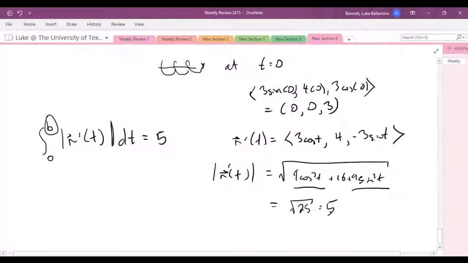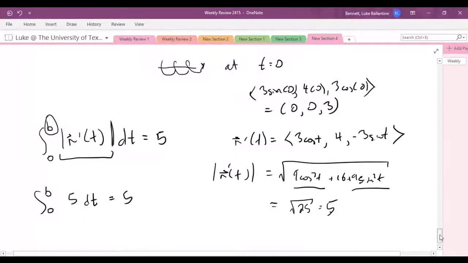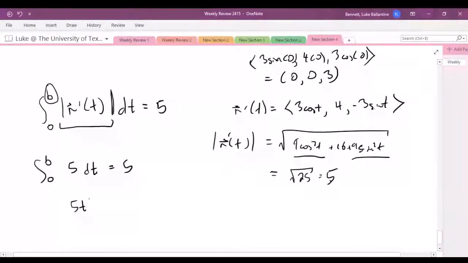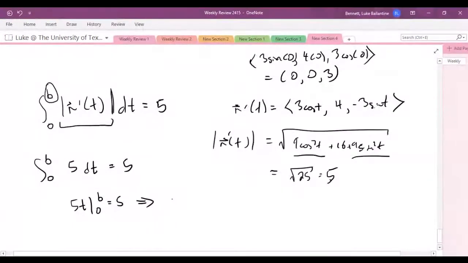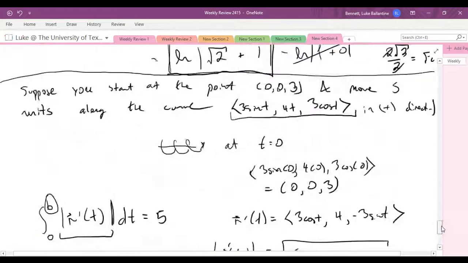That's what my integrand is. So we have the integral from 0 to b of 5 dt equals 5. This is going to be 5t evaluated from 0 to b equals 5. We have 5b minus 5 times 0, which is just 0, equal to 5. Divide by 5, and b is equal to 1. That's the time at which we have traveled 5 units along our curve.